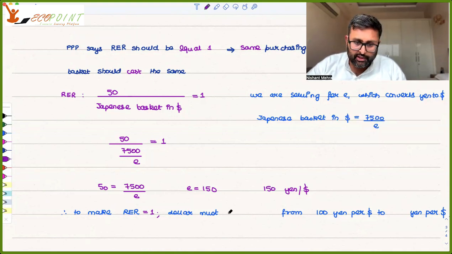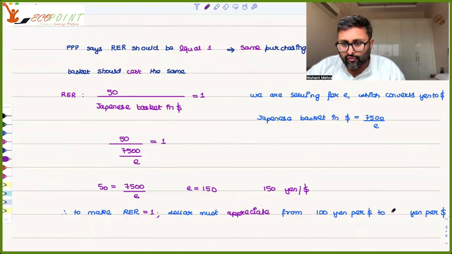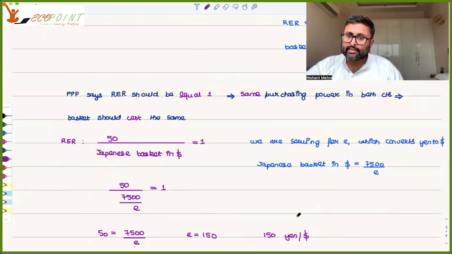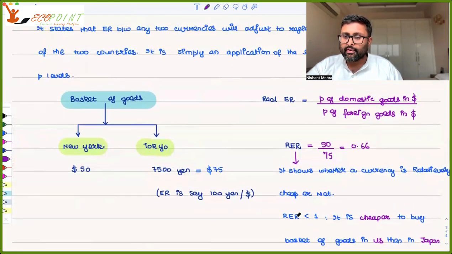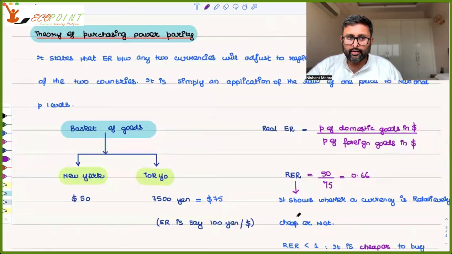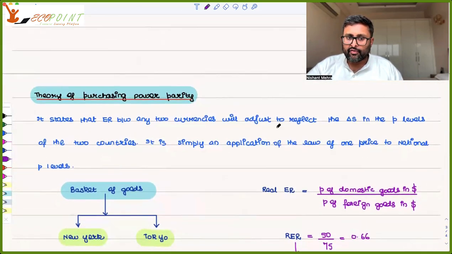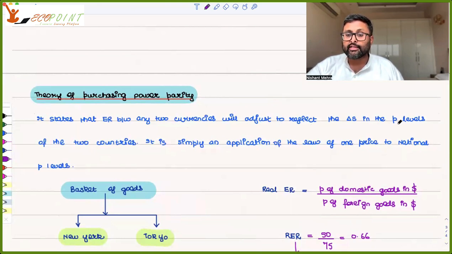Dollar must appreciate, from 100 yen per dollar to 150 yen per dollar. So you understand that it is the movement in the exchange rate which is going to keep the purchasing power the same in both the countries. So it states that the exchange rate between any two countries will adjust to reflect the changes in the price levels of the two countries. I hope it was useful to you. Thank you.